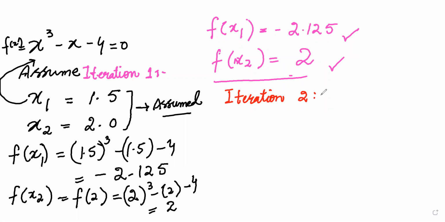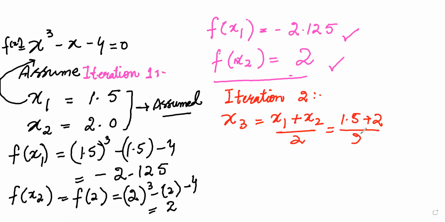In iteration 2, we find the value of x3, which is equal to x1 plus x2 divided by 2. Our x1 is 1.5 and our x2 is 2, so 3.5 divided by 2 is 1.75.